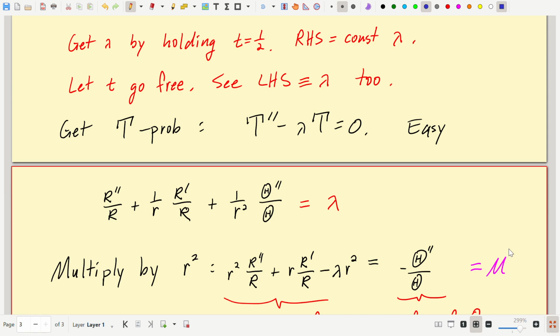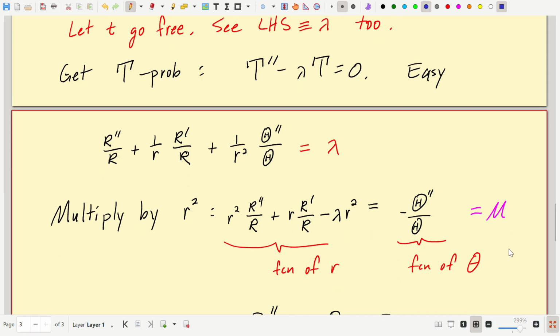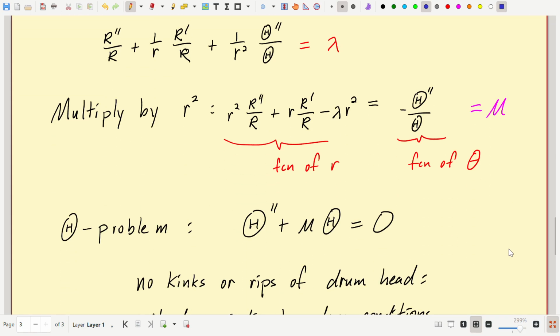First I multiply through by r squared. Then I can pull all the r's to one side and all the thetas to the other. Then once again I look at those two things and realize to have a function of r equal to a function of theta, they both have to be a constant. And I call that constant mu.